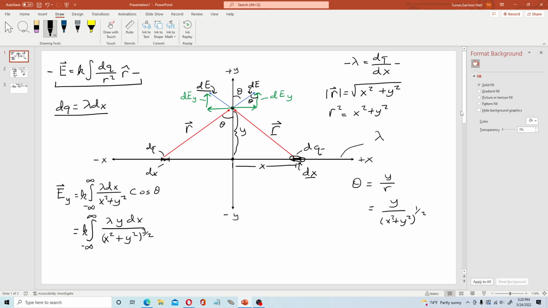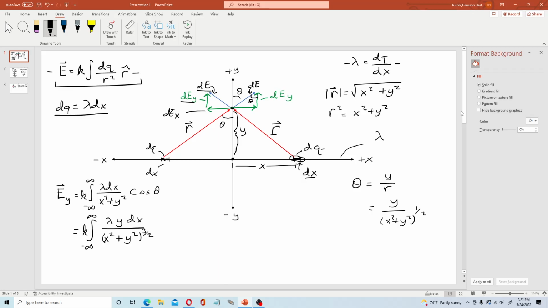And its components, you'll have a vertical component dEy and a horizontal component dEx.